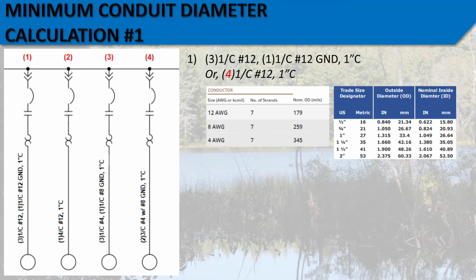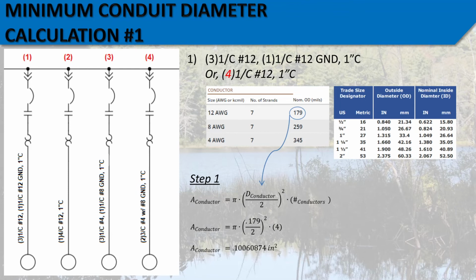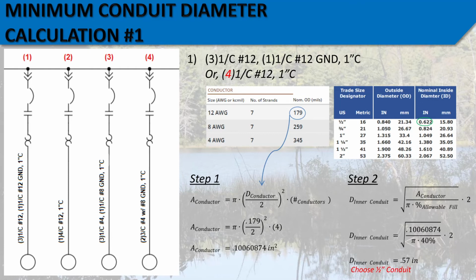So example 1 again, we have our 3 single conductor number 12 wires, we have 1 single conductor number 12 ground, and 1-inch conduit. Again, we have 4 conductors. First step, you guessed it, you have to determine what the area of your conductors are. Once you've made that determination, step 2, you're going to use the formula for minimum inner diameter of the conduit.